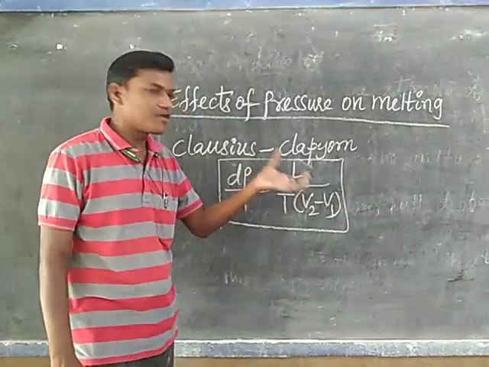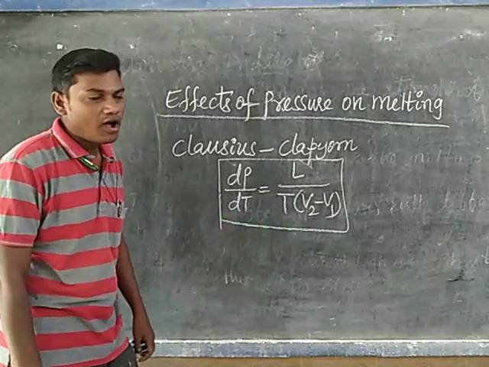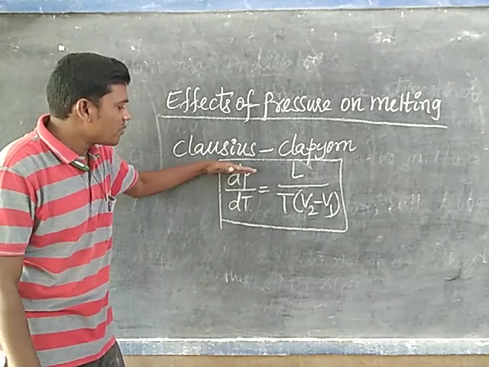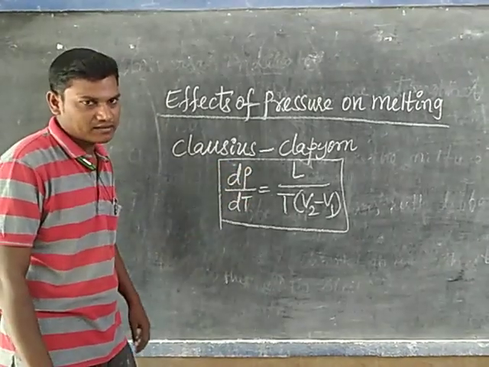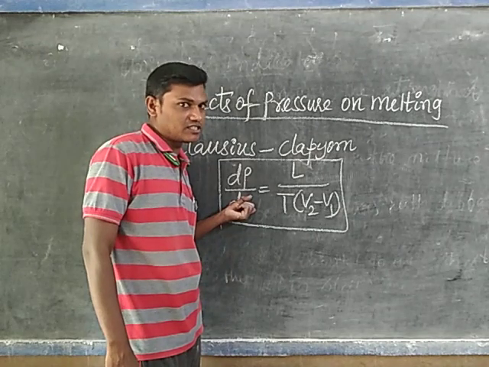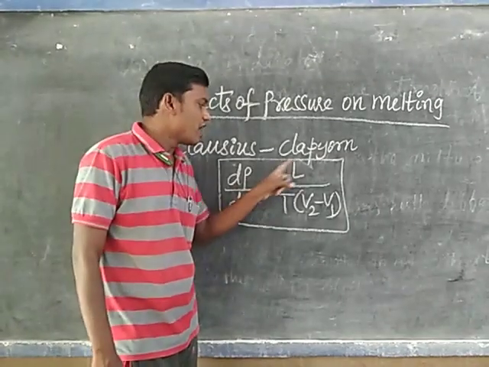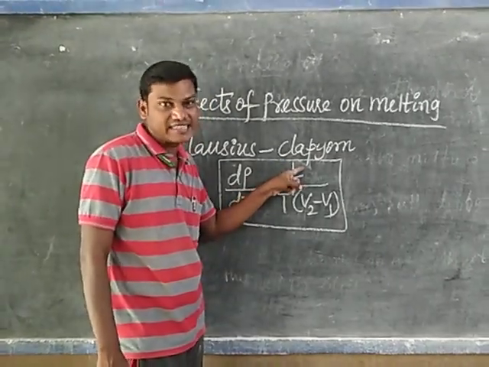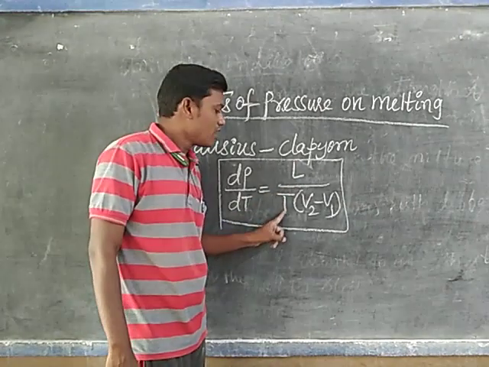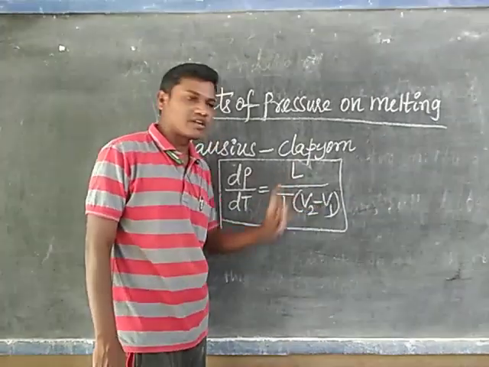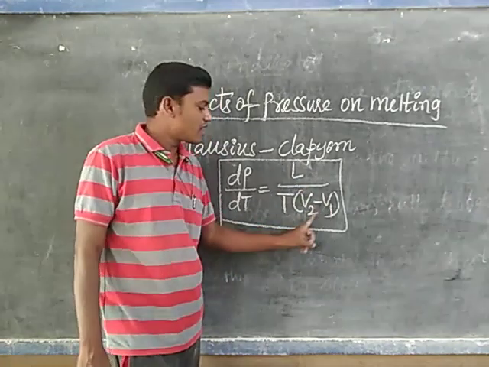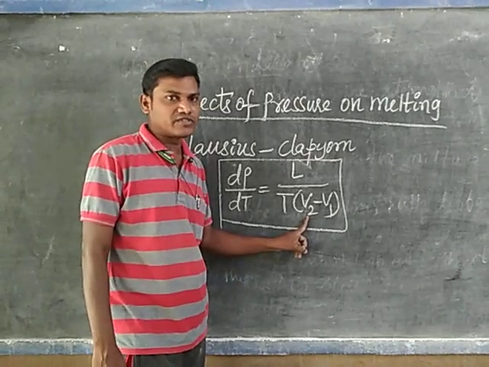With the help of this, we can understand how the pressure affects the melting. dP by dT is the change of pressure with respect to the melting or freezing point. That is equal to L, which is latent heat. T is the temperature, meaning the melting point. V2 minus V1: V1 is the volume of the solid and V2 is the volume of the liquid.